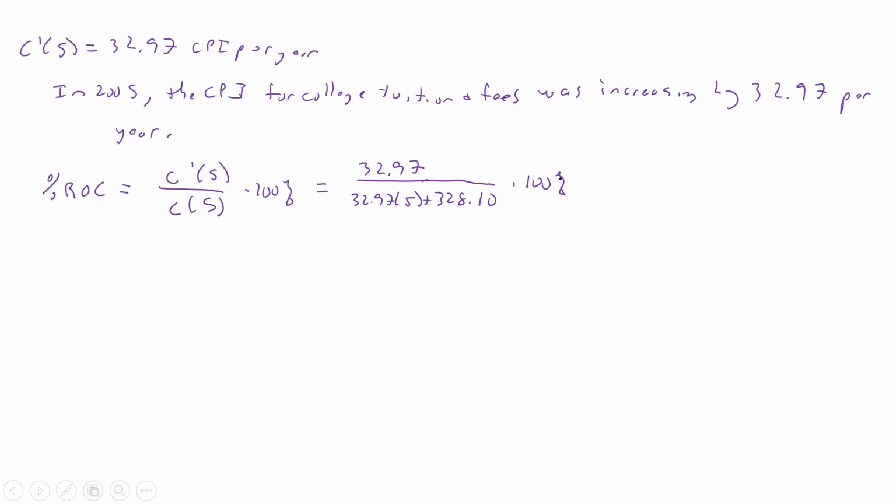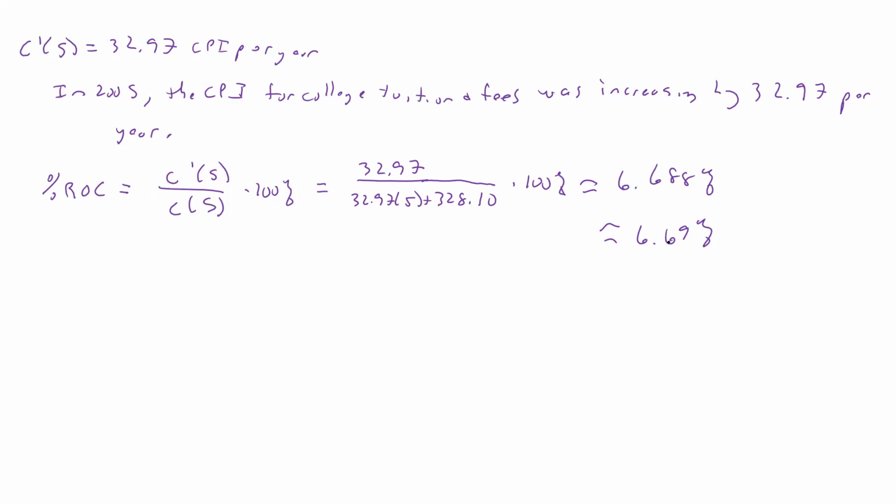And so if we do that, we get 32.97 divided by 32.97 times 5 plus 328.10. So I get 6.688. So it's going to be approximately 6.688%. And probably I'm going to round this to 6.69%, because we want 2 decimal places.